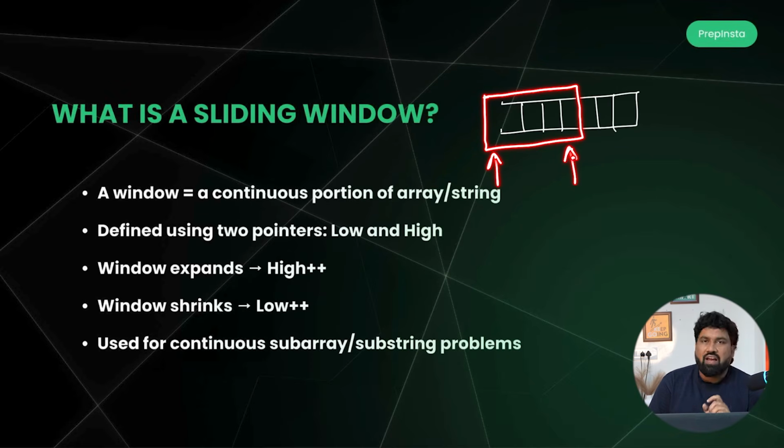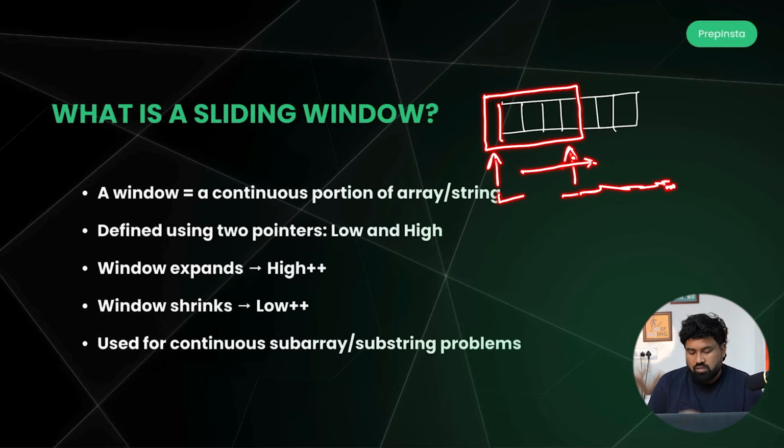Whenever the requirement is achieved, we will move this window a little bit aside, which means we will increase the low and increase the high, and the window will slowly move to get the required things. So this is called a fixed window.